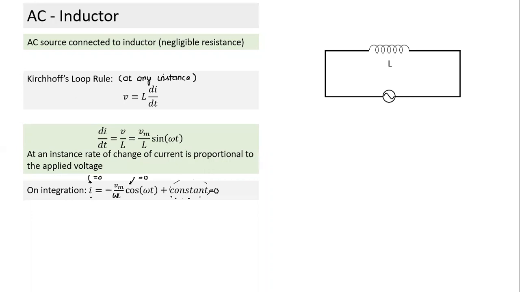On the left-hand side, this term is oscillating, and this is also an oscillating term. One oscillating term cannot be equal to the other oscillating term if there is a constant here. So this constant also has to be 0. The average value over a time period has to be 0, which is possible only when the constant term is 0. So we take the constant term as 0. That's the integration.